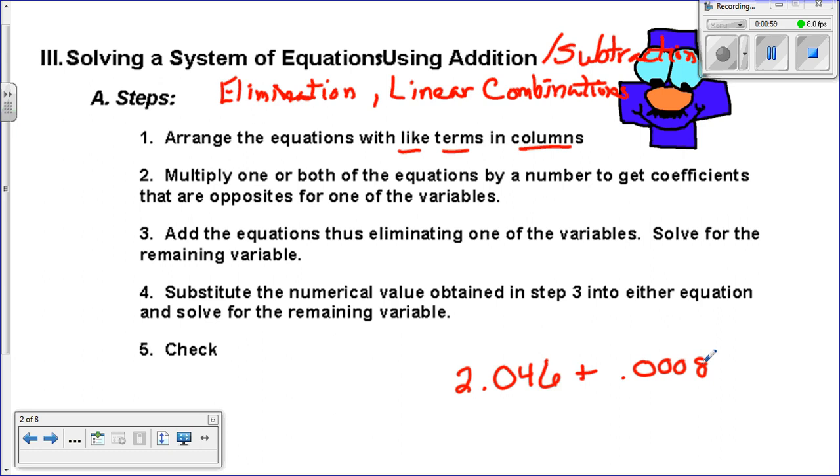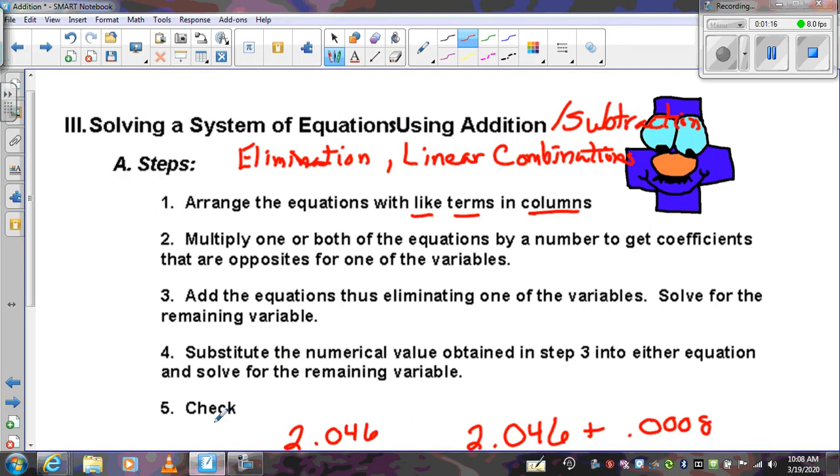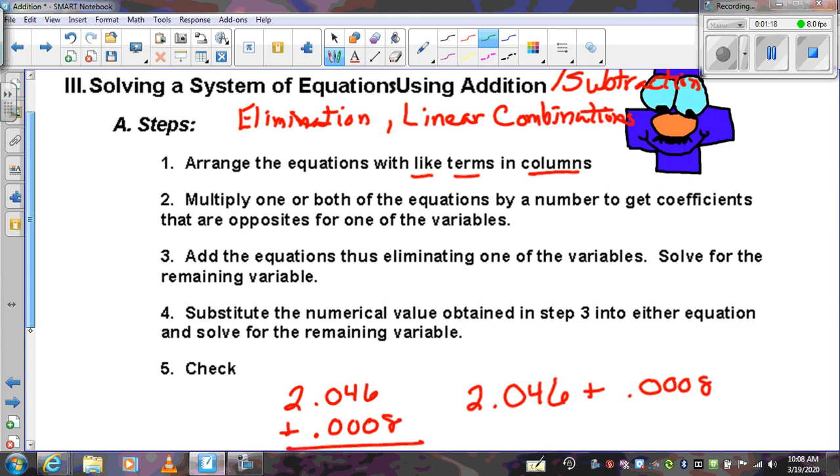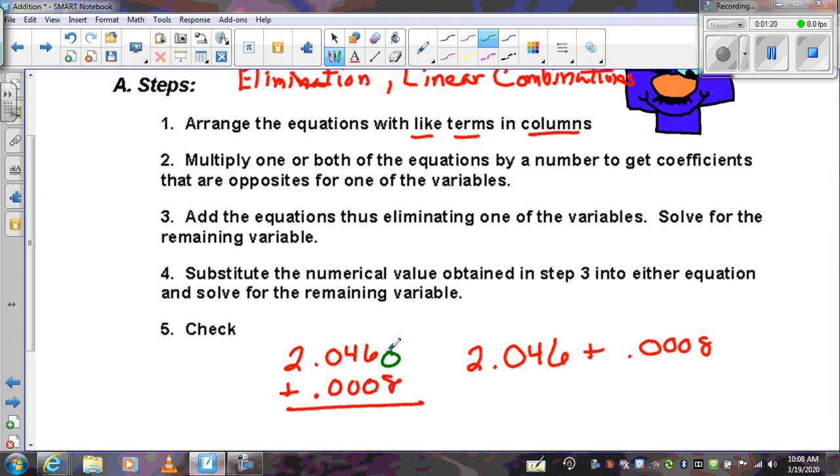Well, if you were going to do that problem, you would most likely line them up vertically, and you'd line up the decimal places. Place value is important. So if we were to do this problem, we would have to line everything up. And most likely, you would probably want to fill that in with a 0. My point is, lining up place value is very important.